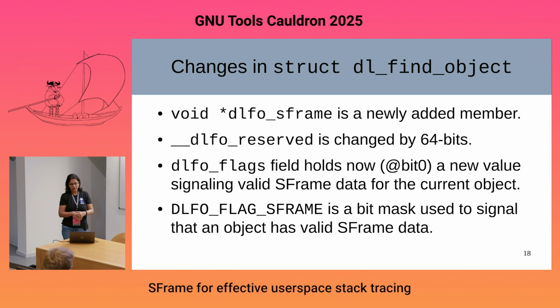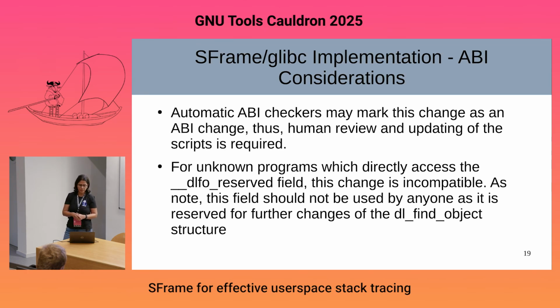So internally, I think Claudio can also speak more later on this if there are questions, but internally in the DL find object data structure, we added a new member to keep track of where the SFrame data is, and if SFrame data is available for a program, you will find that the appropriate flags are set.